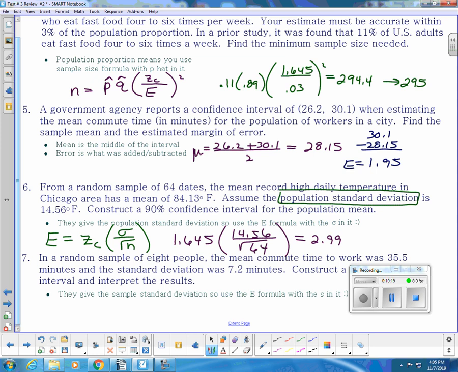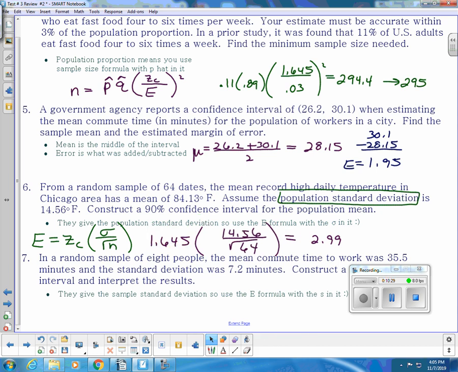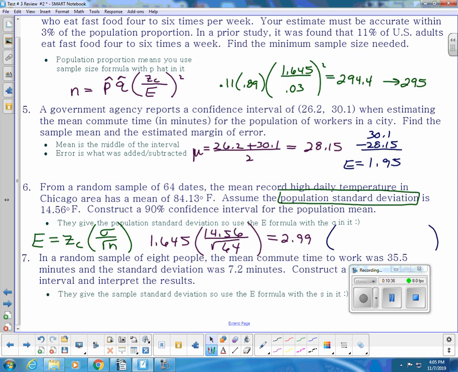That's what we're going to add and subtract to the mean that they gave us. So 84.13 minus 2.99 is 81.14, and if you add it, it's 87.12.